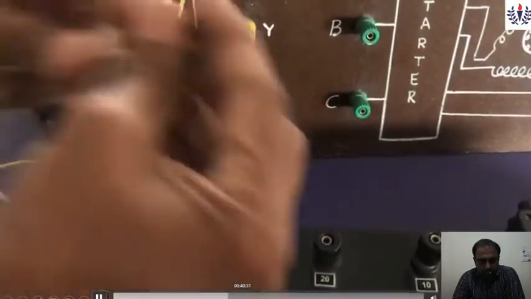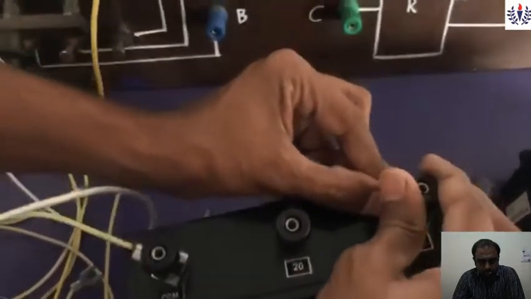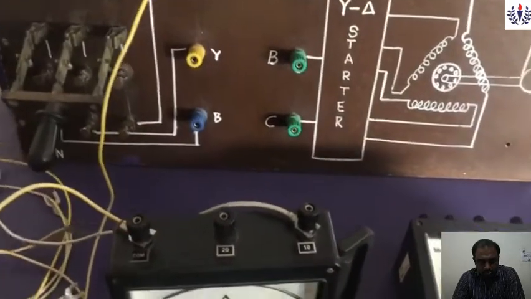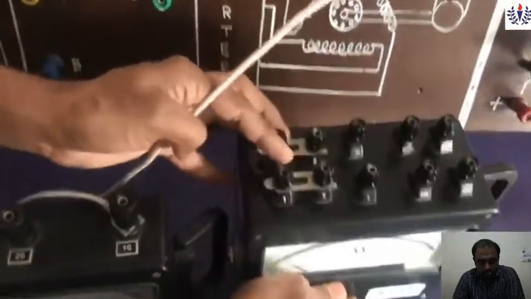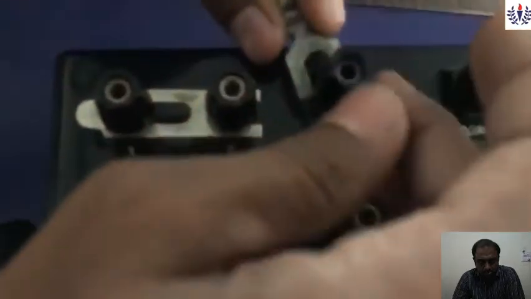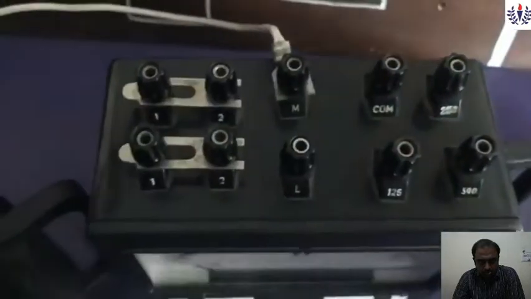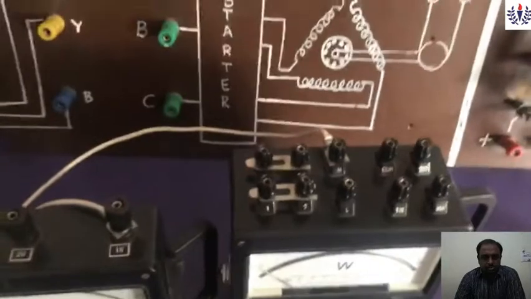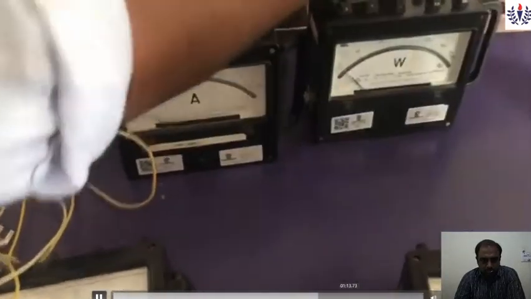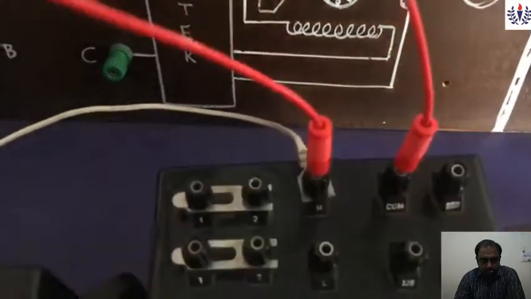Second, 10 ampere to M. And then M to C shorted.